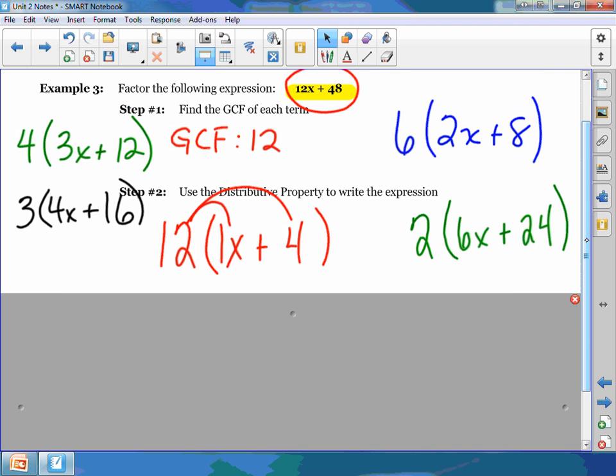That's not the one I want. There's another one that I want. Lana? The 12. Why would you think I would want the 12, Lana? It's the GCF, right? So here's the rule. Always factor with the GCF first. Find that greatest common factor and use that one. Okay, Zoe?